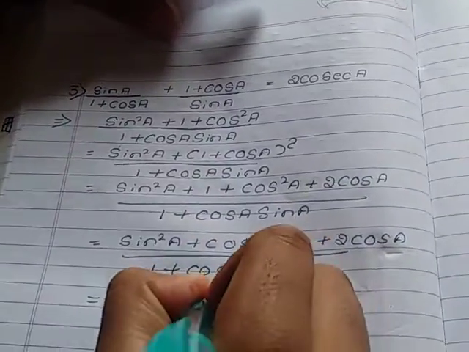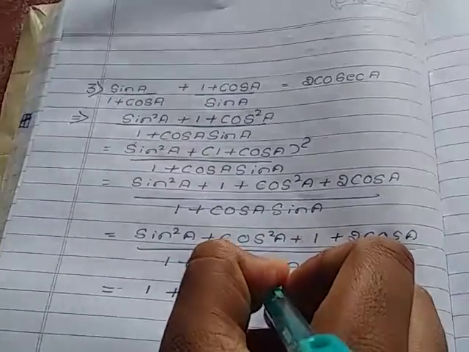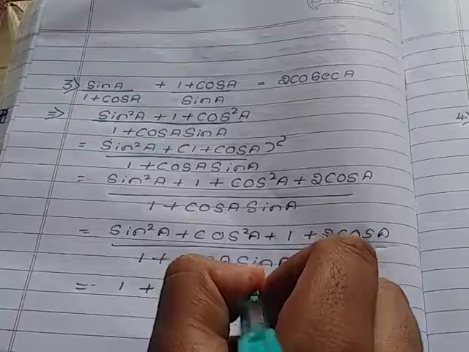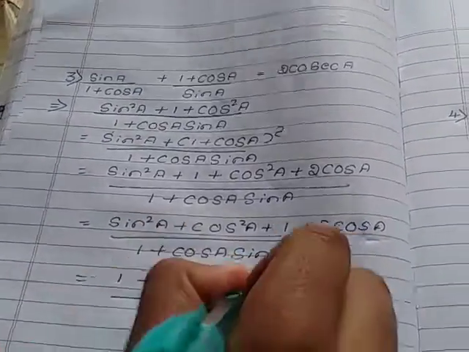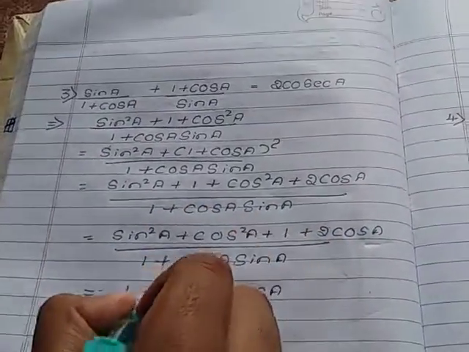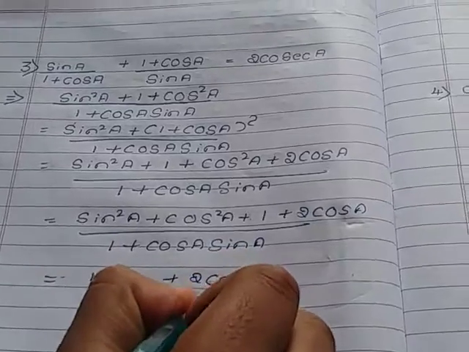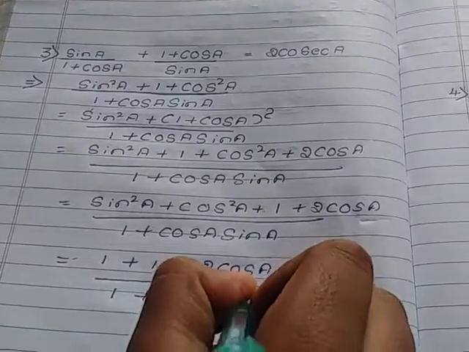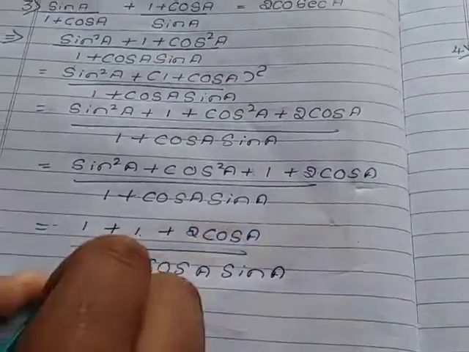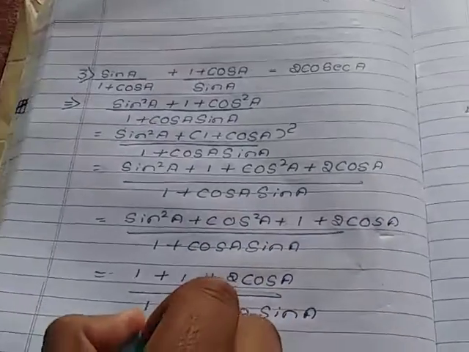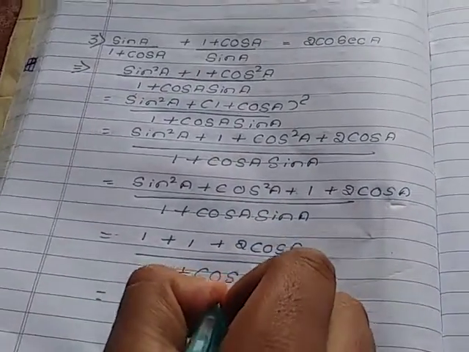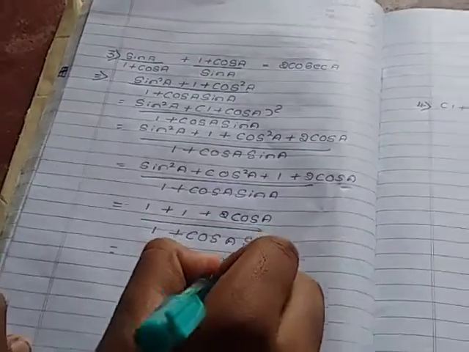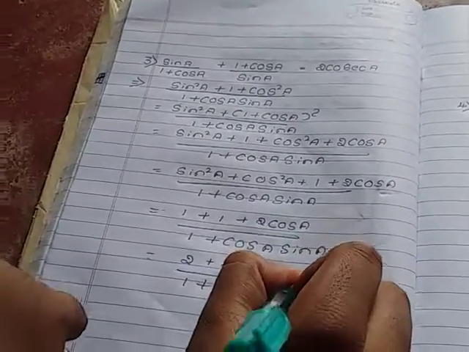So 1 plus 1 plus 2 cos A, divided by (1 + cos A) into sin A. Okay, now 1 plus 1 is 2, so 2 plus 2 cos A, divided by (1 + cos A) into sin A.